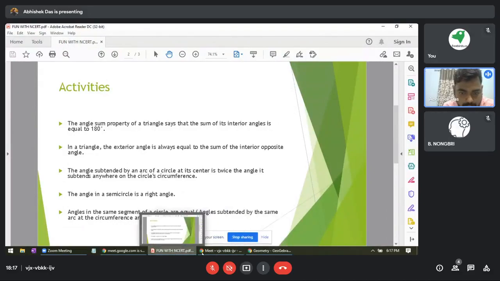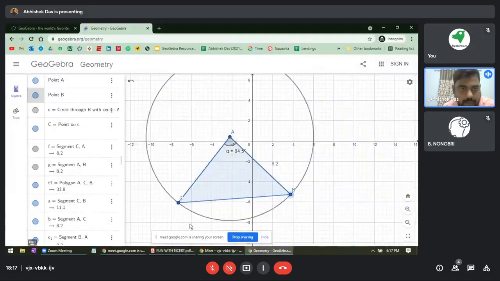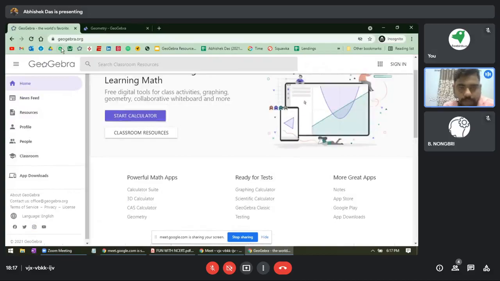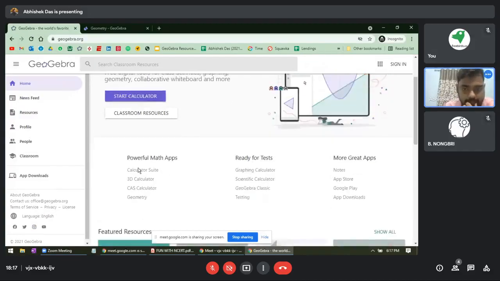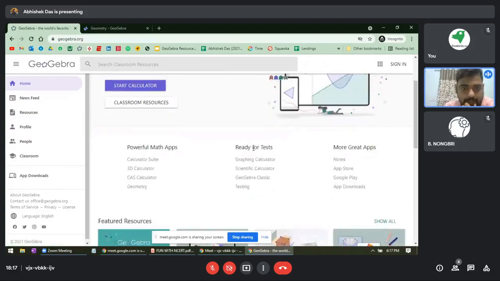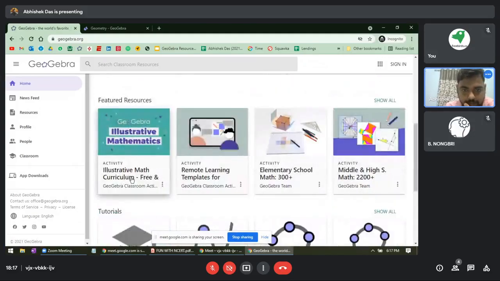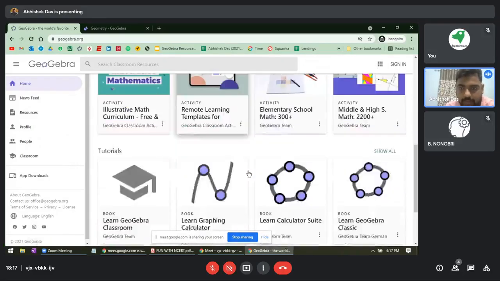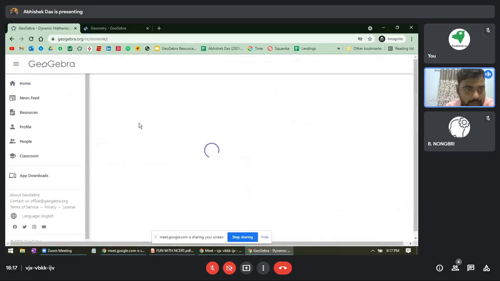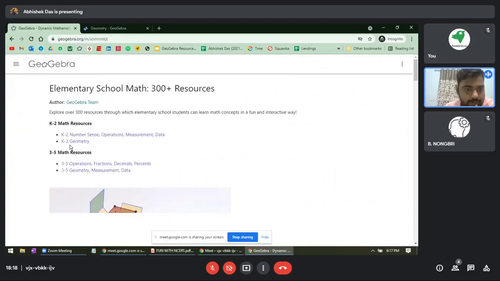Now, what you can do with this GeoGebra app, let me just explain. Going to geogebra.org, you will see that there are many mathematical apps, but there are also some resources out here. All right. And there are some free math curriculum, elementary school math, middle school math, and then you can use these resources to learn about various types of theorems.